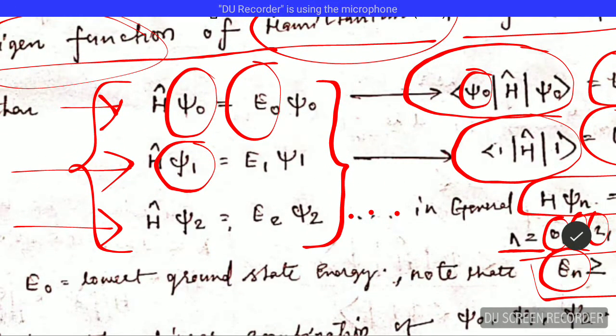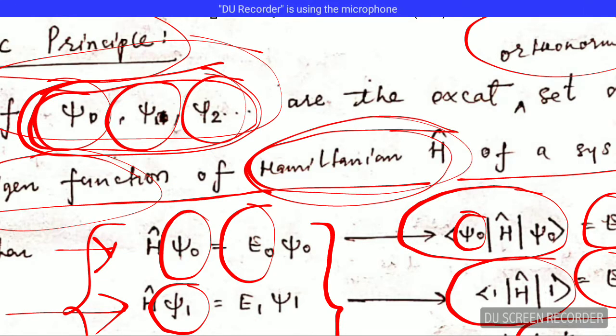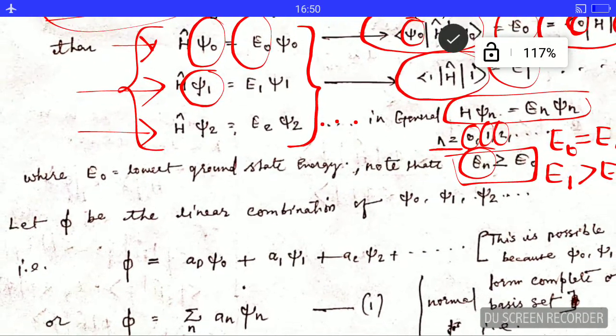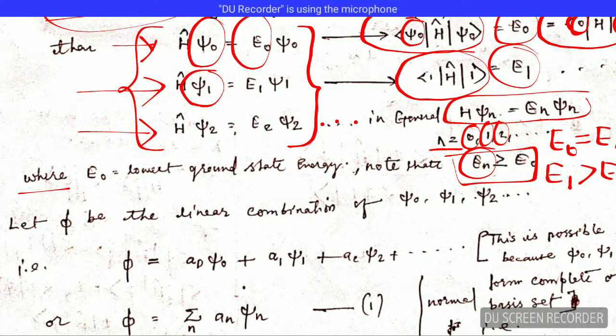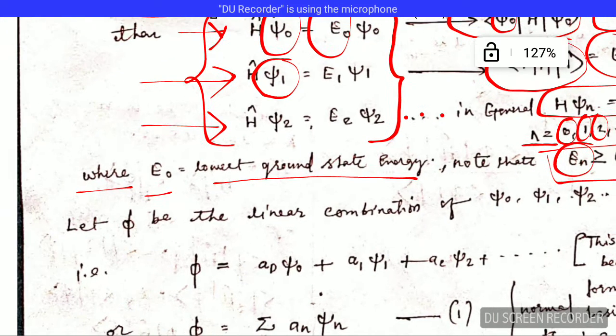At this point it is important to note that these psi are the exact eigenfunctions of the Hamiltonian H of the system. Now it is written here, E0 is the lowest ground state energy.